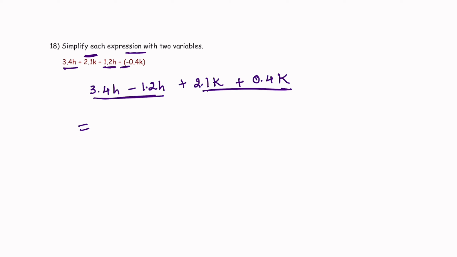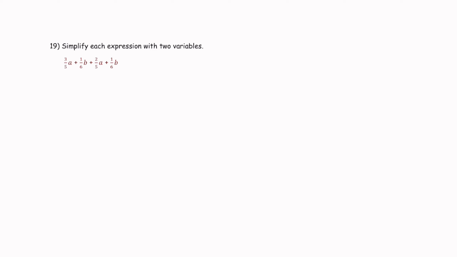So 3.4 minus 1.2 would be 2.2h, right? It's 34 minus 12, that's 22. And 2.1, that's 21, and plus 4, that's 25. So this is 2.5k.